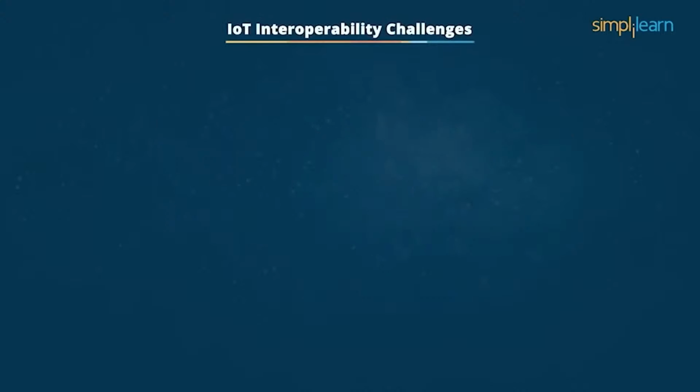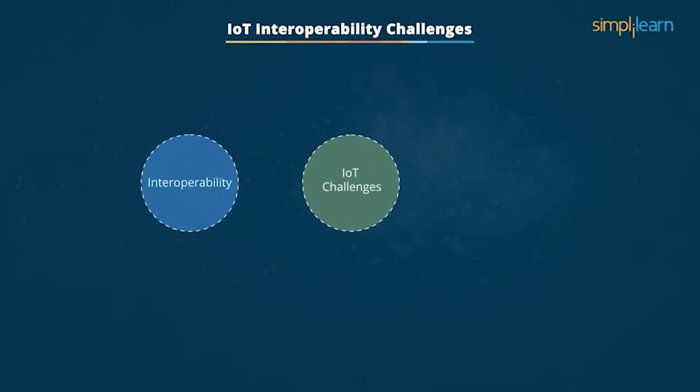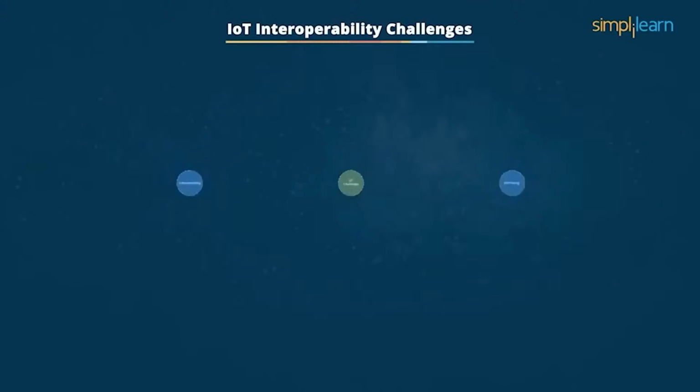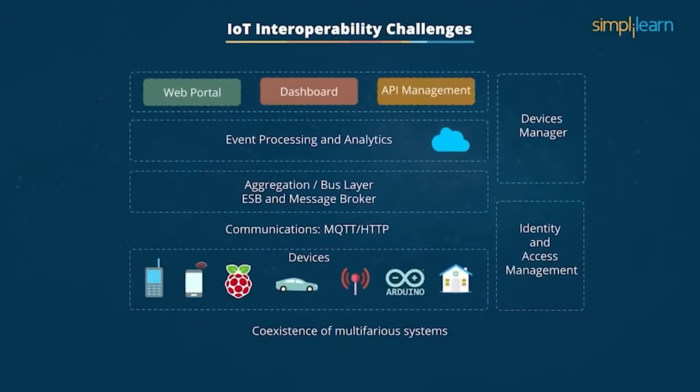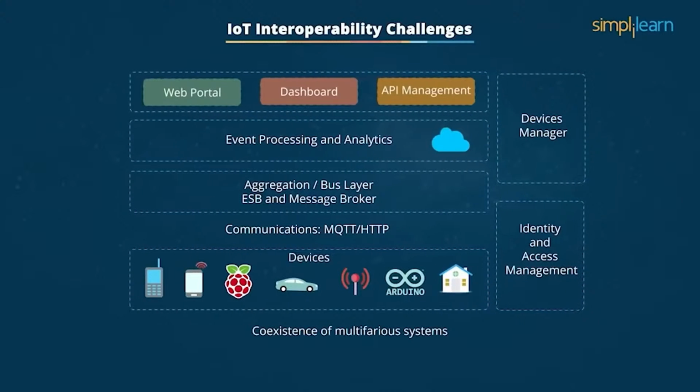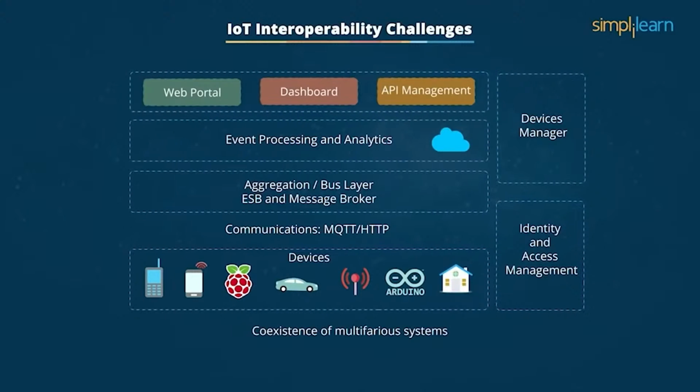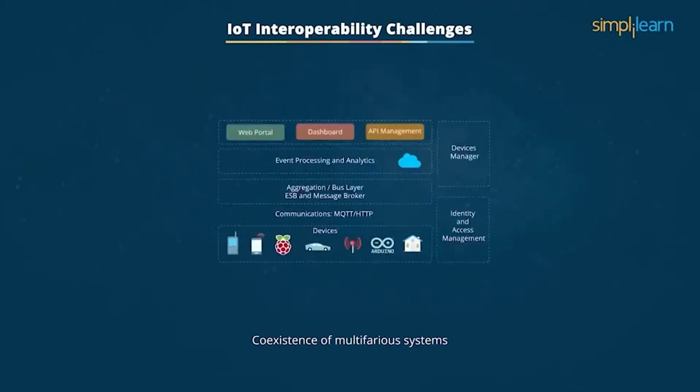IoT Interoperability Challenges. IoT maturity comes with several challenges, specifically pertaining to interoperability and interfacing. The reasons are the coexistence of multifarious systems, devices, sensors, equipment, etc., that interchange location and time-dependent information in varied data formats, languages, data models, constructs, data quality, and complex interrelationships.